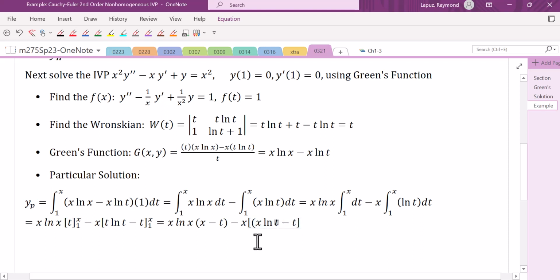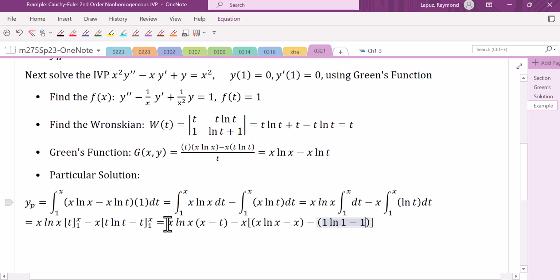X, that's the top limit. And then minus, it's going to be the same thing, except we're going to replace it with 1. So this is going to be 1, and then we'll have ln of 1. ln of 1 is 0, so that goes away, but this last one is not going to go away.